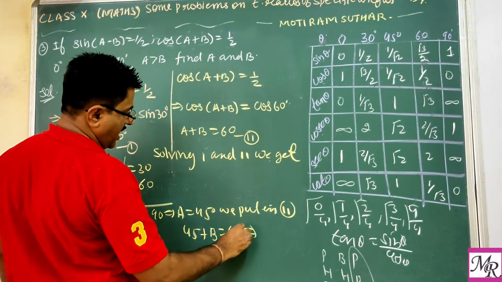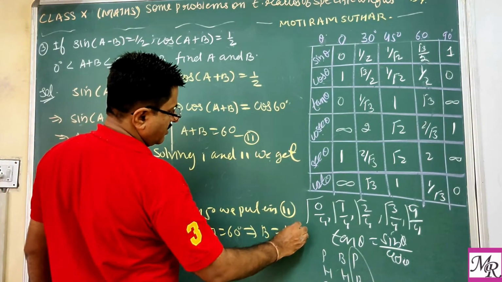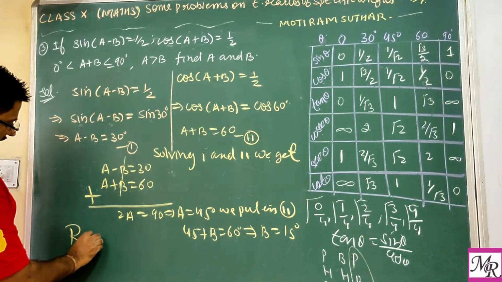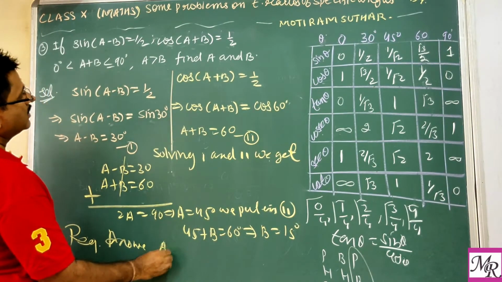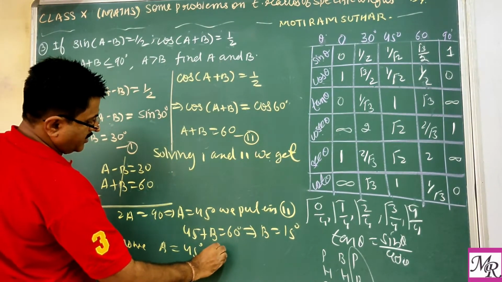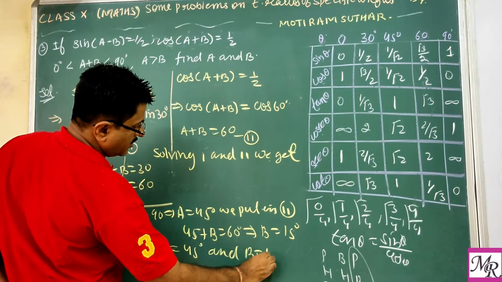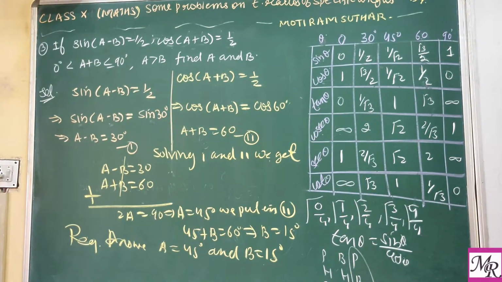So simplify, B equal to 60 minus 45, that is 15. So the required answer, find angle A and B: A equal to 45 degree and B equal to 15 degree. So very easy, we can find the value. Clear? So it is a very interesting topic in mathematics.